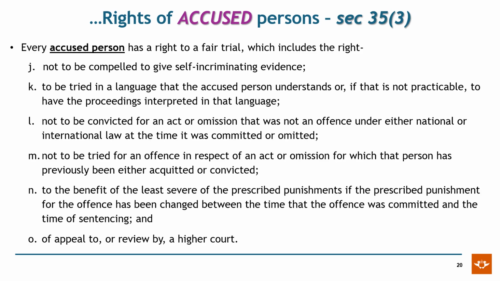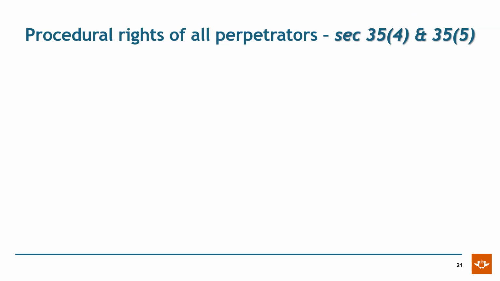And generally, an accused person doesn't really take an active role during the review of proceedings, but either way, this appeal or review will be referred to a higher court, and an accused person has a right, after having been found guilty and imprisonment, or a sentence having been imposed, the person will have the right to appeal or review that decision.